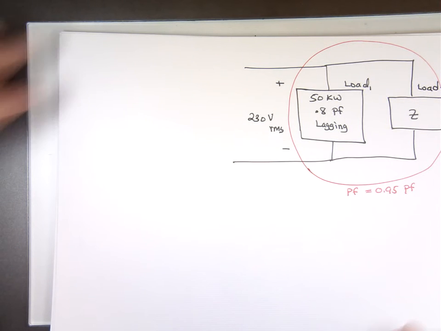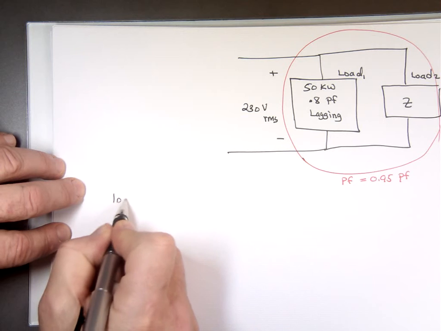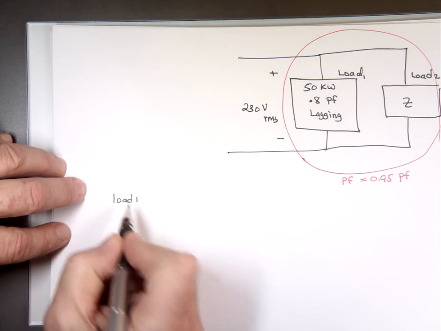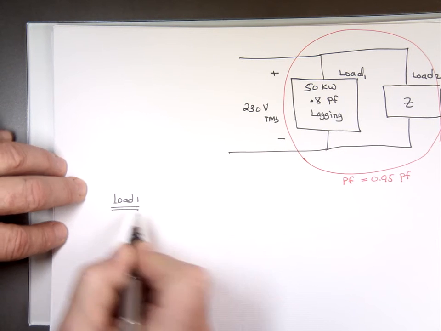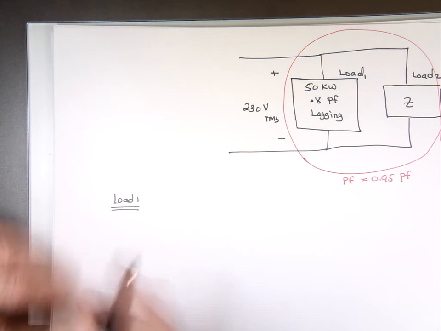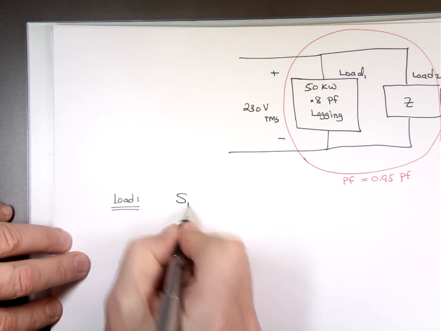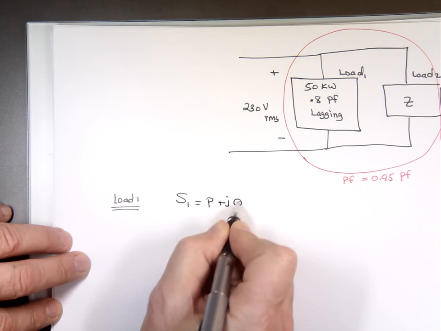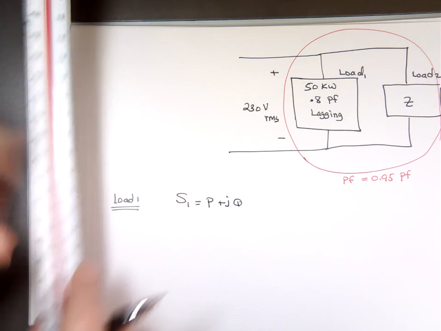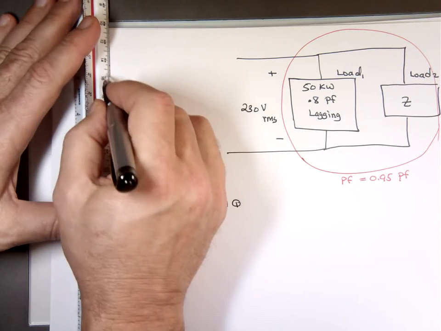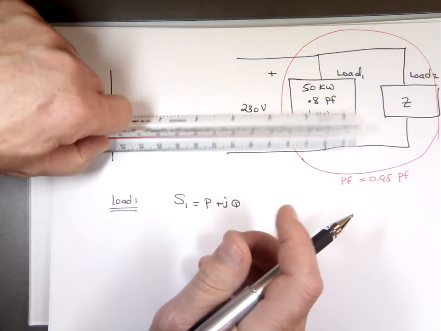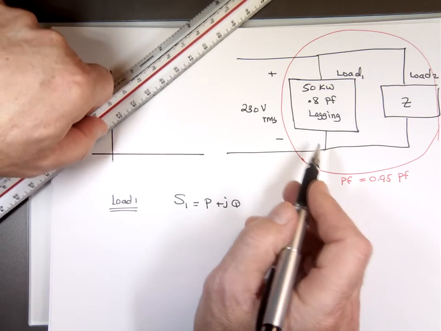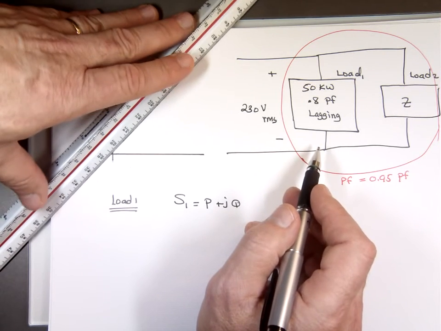So let's look at load 1. Let's find S for load 1. What is that equal to? We know it has a real portion and an imaginary portion Q. If I draw a picture of load 1 here, we know the power factor is lagging, that means the angle is positive.